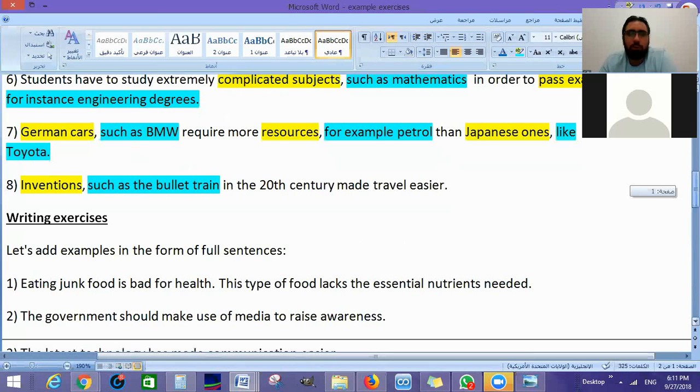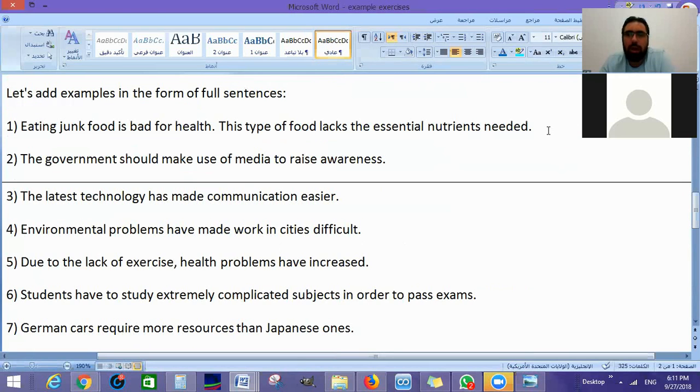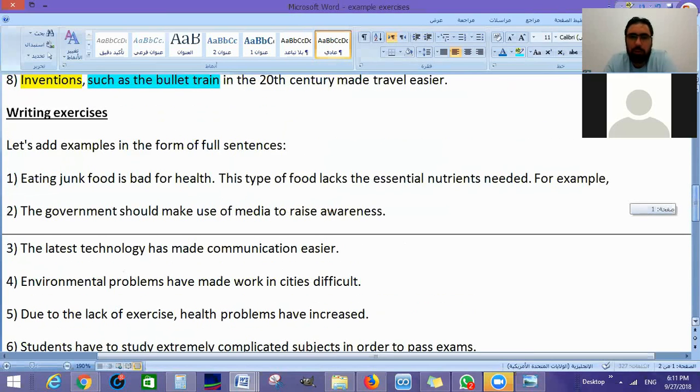Now, here we could do full sentences. So after we've finished, we could say, for example, eating junk food. What do we say? Burgers. For example, what lacks essential nutrients, do you think?